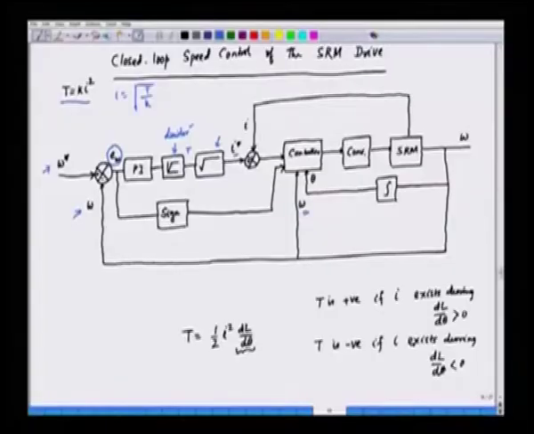So, we sense the actual current of the switched reluctance motor or SRM. These currents are sensed here and compared with the reference current I star, and then the controller is properly designed to inject the current onto the SRM.